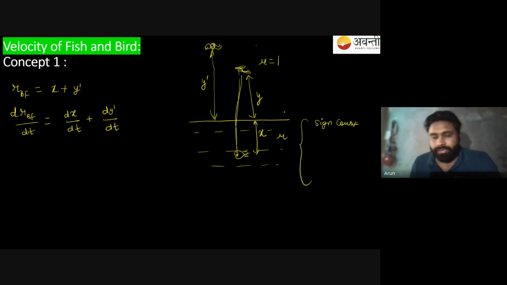Okay, if both the objects, bird and fish, are going towards the surface, all the distances and all the calculation would be done with respect to the surface. That is the first thing to keep in mind.